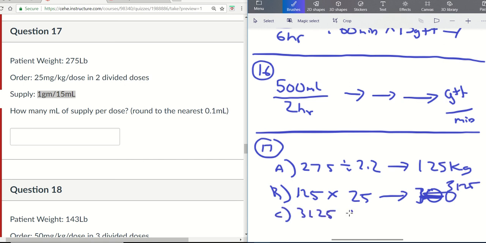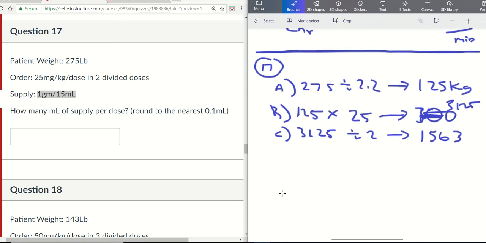But we're not going to give it to them all at once. It's going to be in 2 divided doses. Half now, half later. So let's round it. About 63-ish. Okay, we'll leave all the decimal point just in case. 1,562.5, just in case.